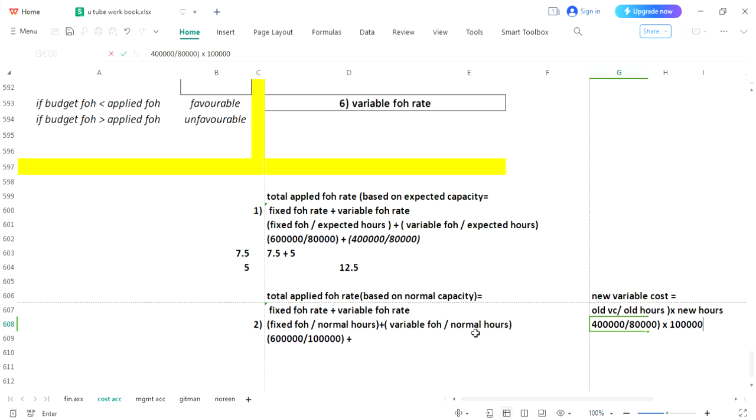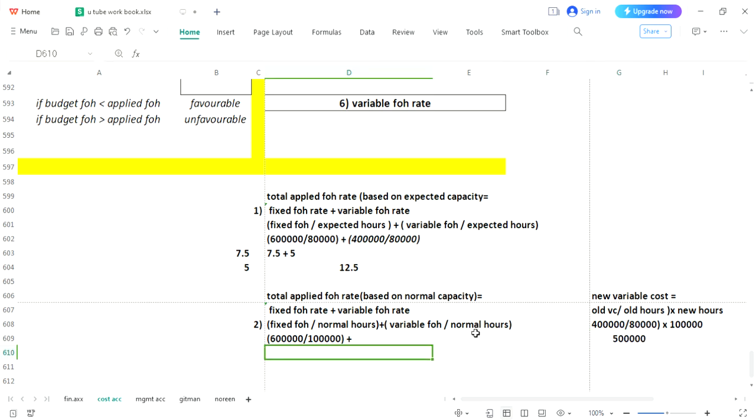Statement completed. Now you can calculate it. 4 lakh divided by 80,000, bracket close, and you need to multiply it with 1 lakh. In this way you can calculate the new variable cost, and that is 5 lakh. Have you understood what we have done?